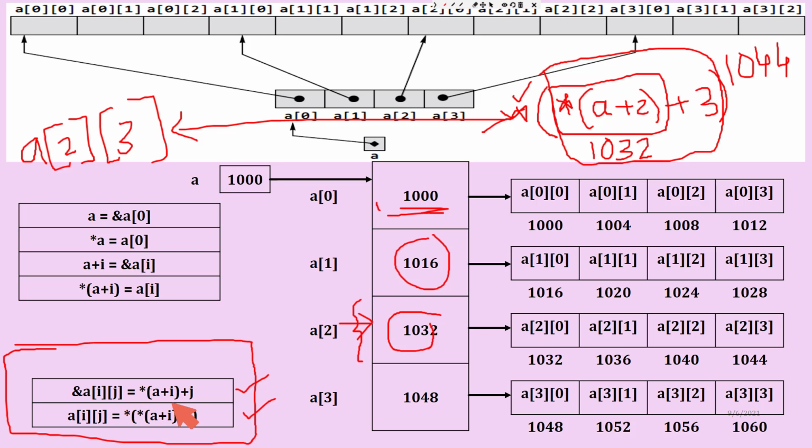These brackets are very important, because first A plus I will be performed, then the value at A plus I will be taken, then along with that value I am adding j, again I am getting some address value, I am reading the value at that address, and it will give the value A of ij. Is it clear? Can we move to the example problem?